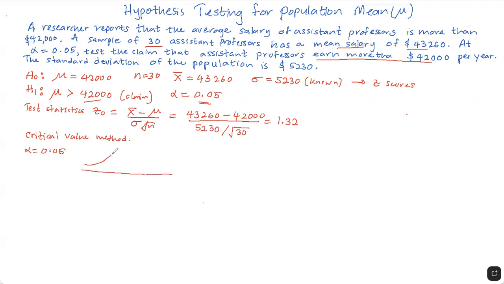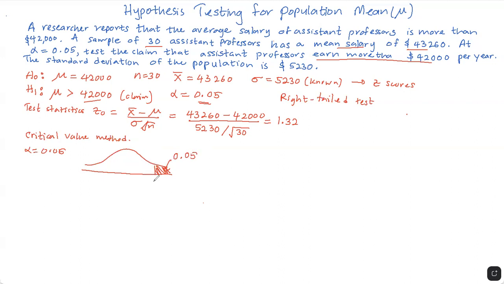As you can see, this is a right tail test. So we are looking at the higher values here, greater than 42,000 values. Therefore we are in the right tail test. So alpha is in the right tail here. So this area under the curve in the right tail is 0.05.